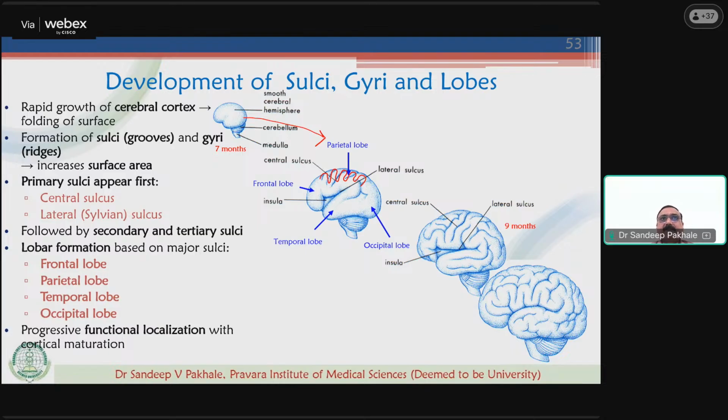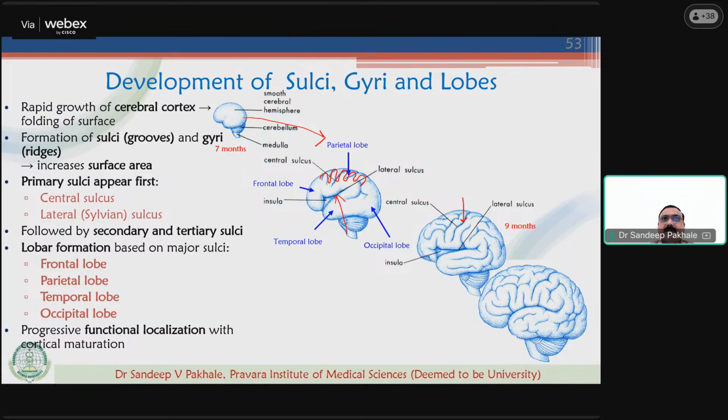Initially, primary sulci such as the central and lateral sulci appear. So you can see here, this is the lateral sulcus, then this is the central sulcus. Initially these sulci are formed, followed by secondary and tertiary folds.